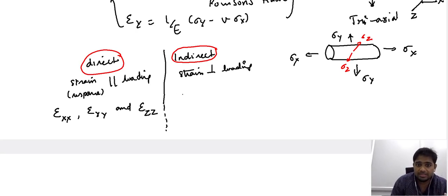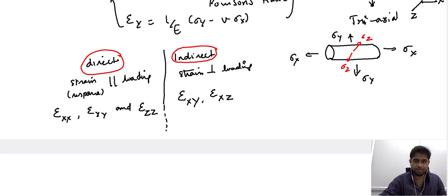Now when you consider the strain that we observe along the x-axis, in addition to this strain being brought about by the corresponding load, it can also be brought about by the stress along the y-axis and also the stress along the z-axis. When you consider a response along a specific direction, there are two ways it can be brought about.